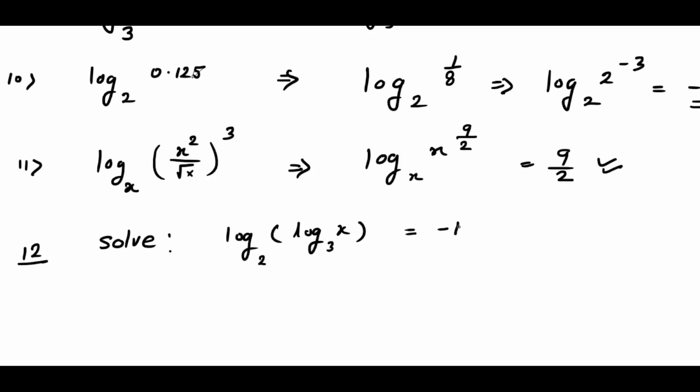Okay, I have to find out the value of x. Log of log x to the base 3 to the base 2 is equals to minus 1. We have to find the value of x.